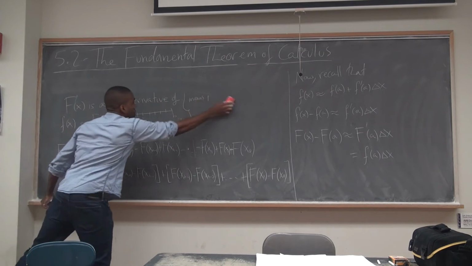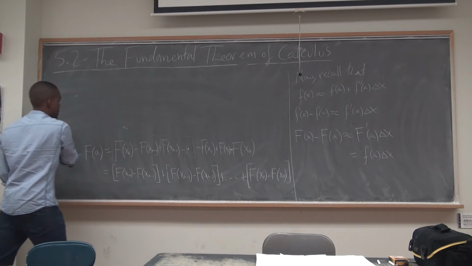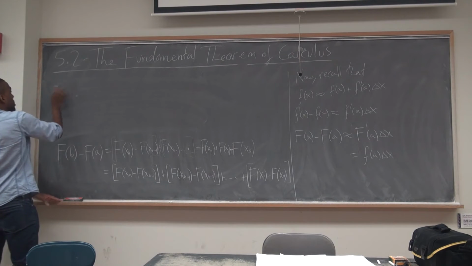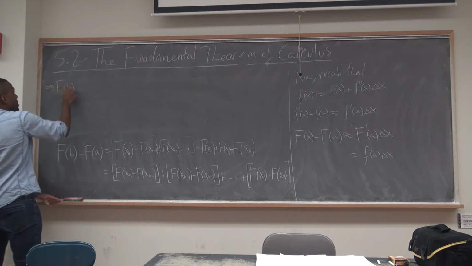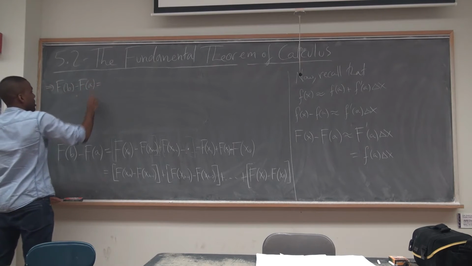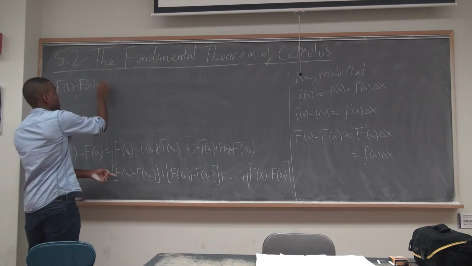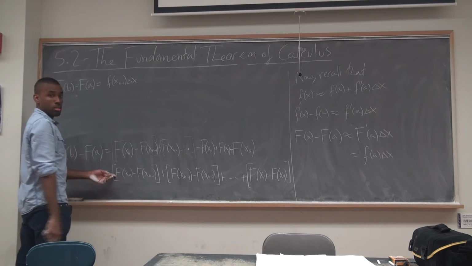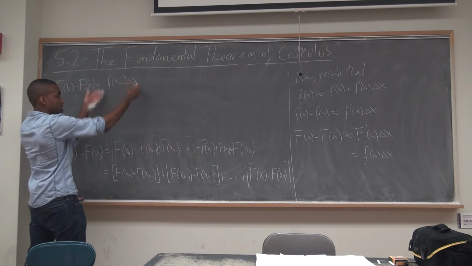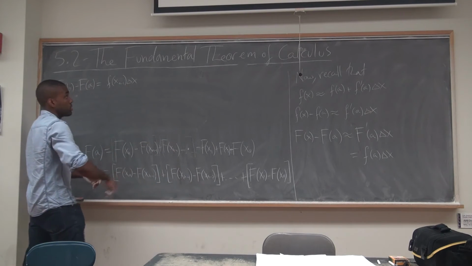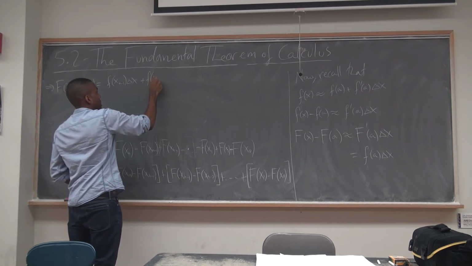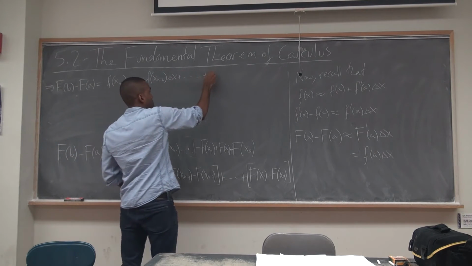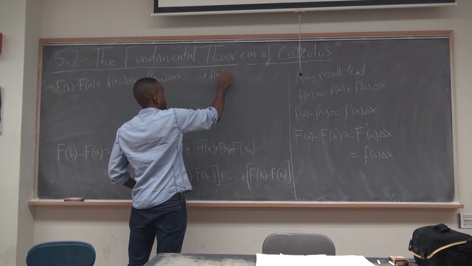Which means that F of b minus F of a is, replace each of these with f prime: f of xn minus 1 times delta x, plus f of xn minus 2 times delta x, plus all the way down to f of x0 times delta x.